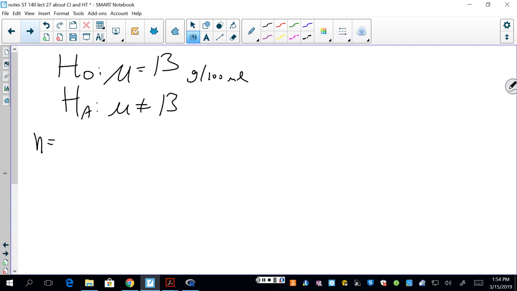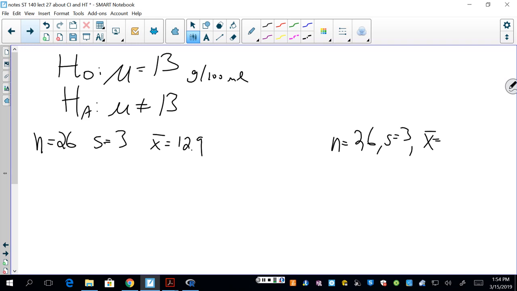N equals 26, S equals 3 for both, but X bar is 12.9 in one and 11.4 in the other. Based on the confidence intervals, we did the two-sided things. What can you tell me about the p-values? In which case is the p-value going to be less than 0.05? In which case is it going to be bigger than 0.05?